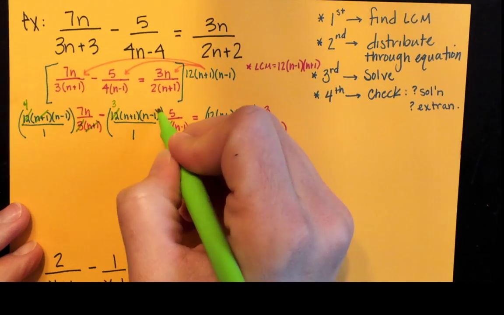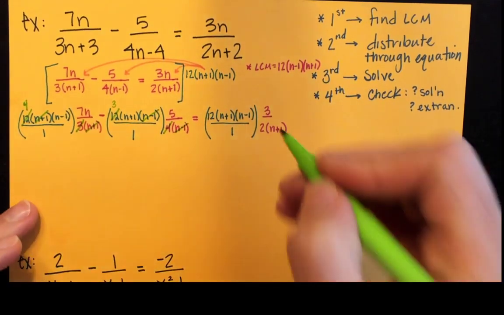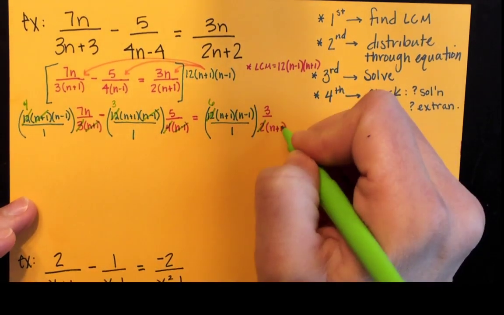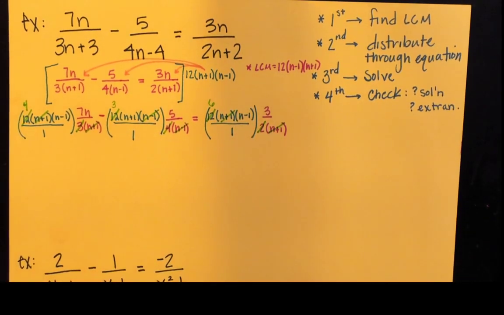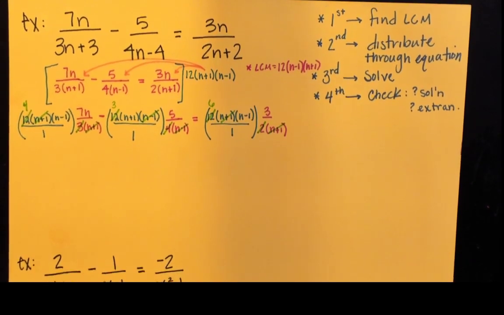And then the n minus 1s are going to cancel. And this 2 and this 12 leaves us with 6, and the n plus 1s are going to cancel. So again, if you can do that mentally, no need to write all that out. If you can't, write it out so you keep your head straight.